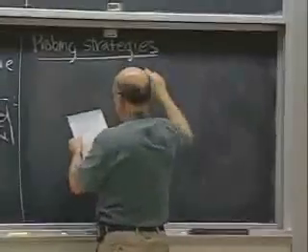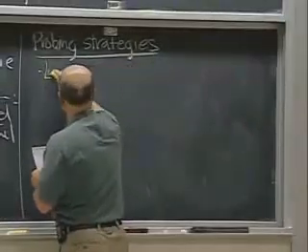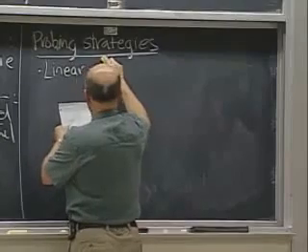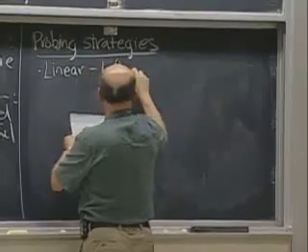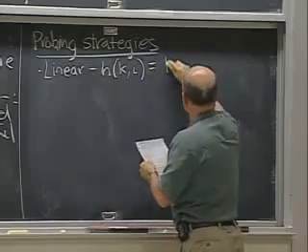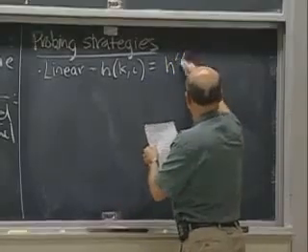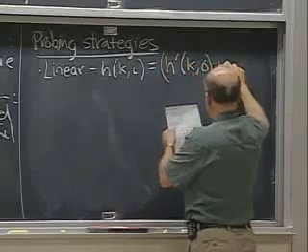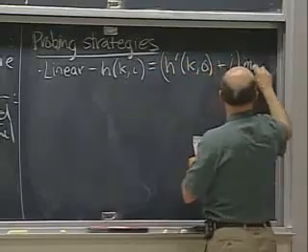So the simplest one is called linear probing. And what you do there is you have h of k comma i, you just make that be h of k comma 0 plus i mod m.